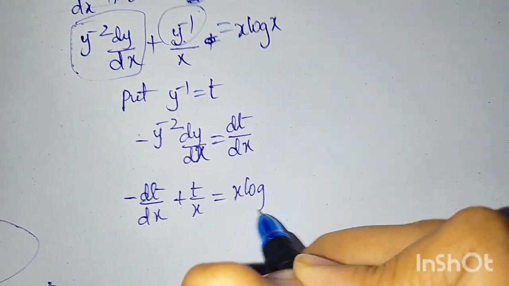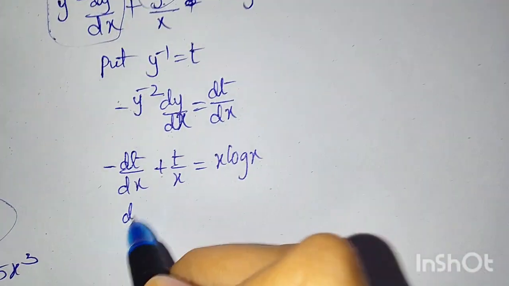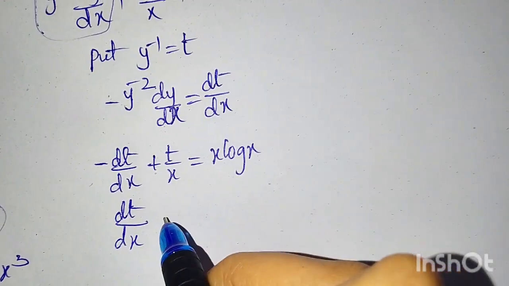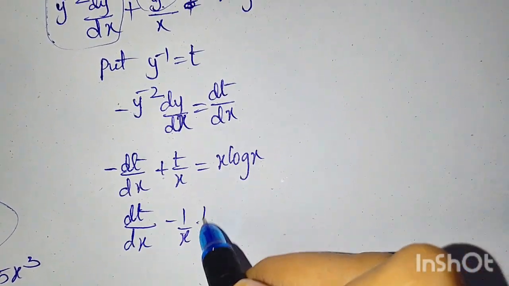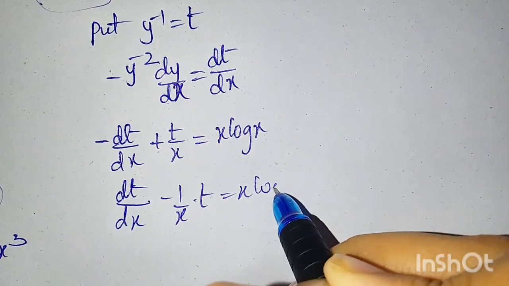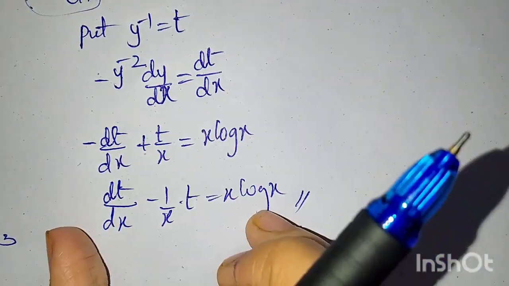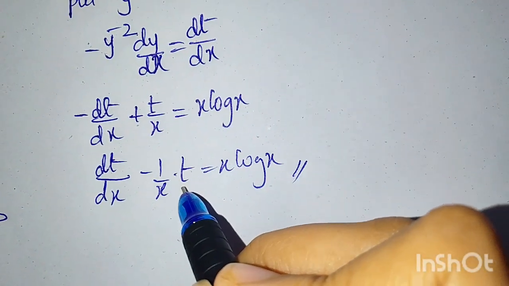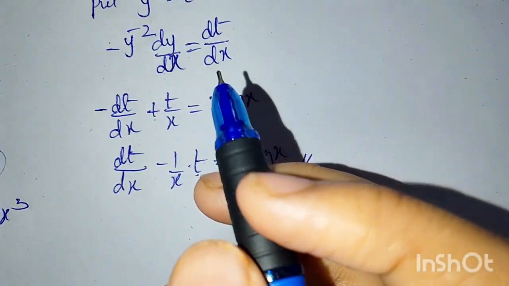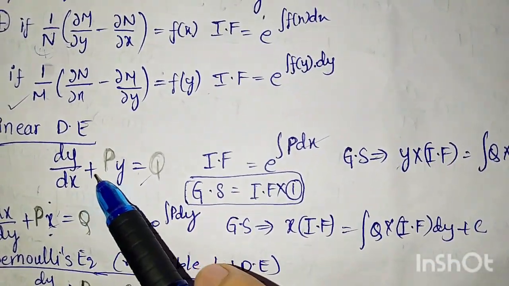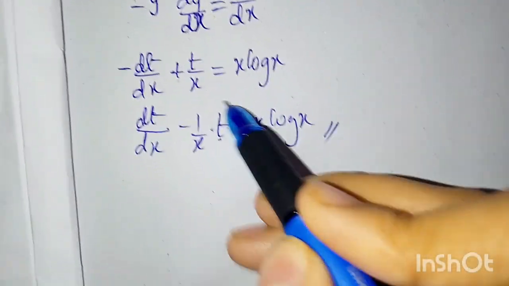So now if we write properly, dt by dx minus 1 by x into t is equal to x log x. No, it is a differential equation in t, because t came only one time, right? See here, this is a differential equation in y. So this is a differential equation in t.